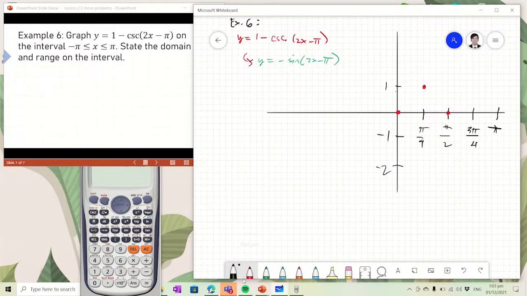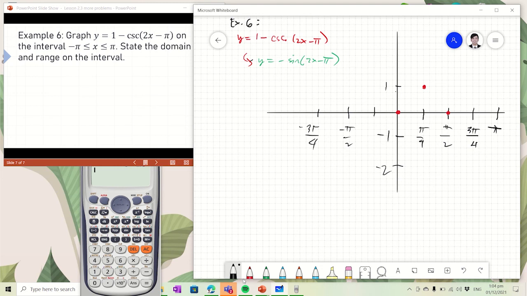So, huwag kayong matakot gawin yan. So, pi over 2, 1, 2, 3, 4. Negative pi over 4, 1, 2, 3, 4. Negative pi over 2, 1, 2, 3, 4. 3 pi over 4.